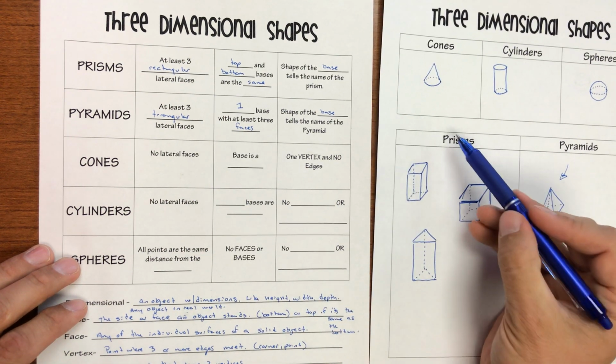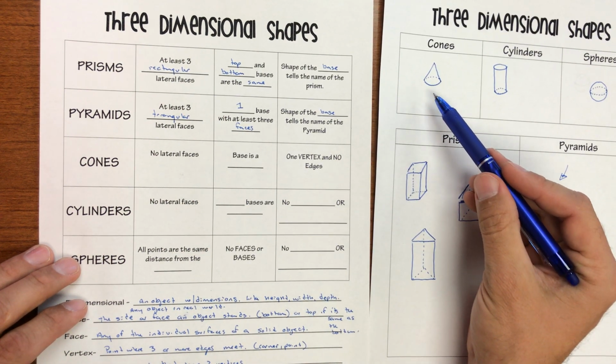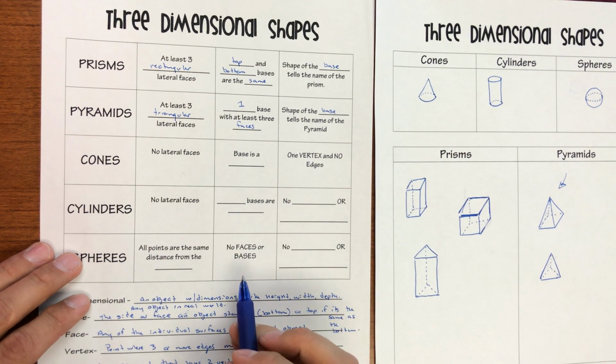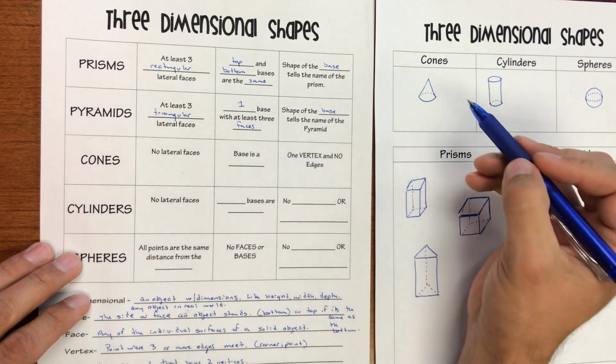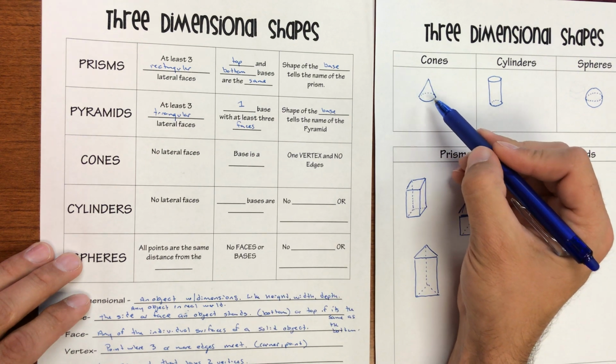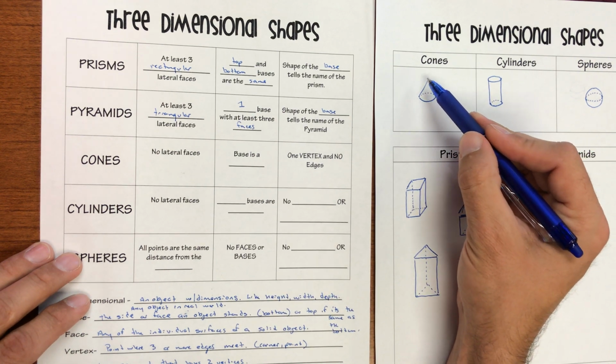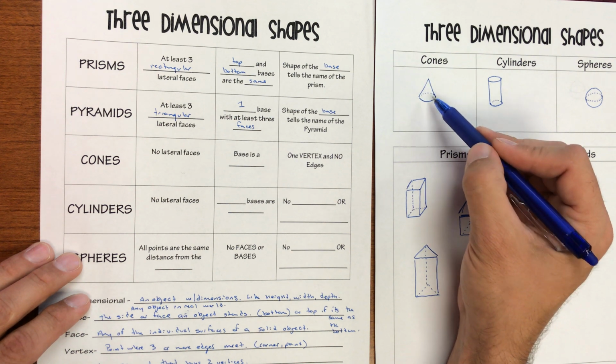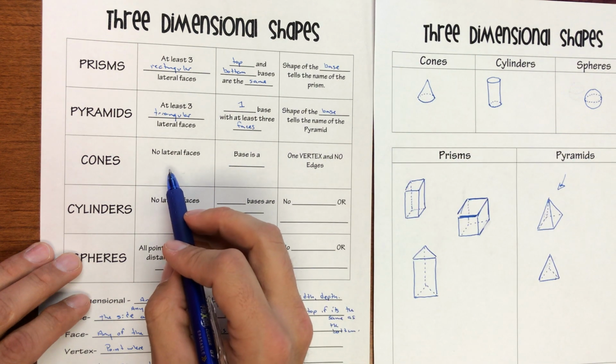Okay, cones. Cones are just what they sound like. They're cones, kind of like one of those pointy sugar ice cream cones that you get when you go to Baskin-Robbins. There's no lateral faces because there's 1 big side. It's not actually a face. It's this weird side that never ends. So there's no lateral faces.